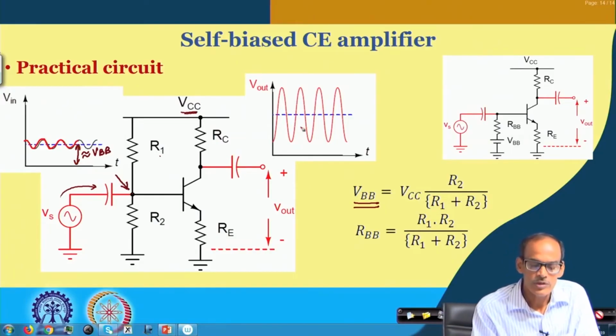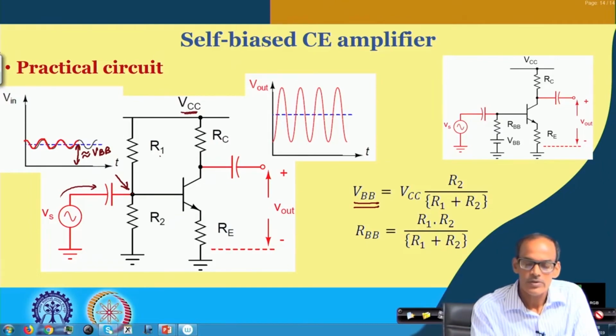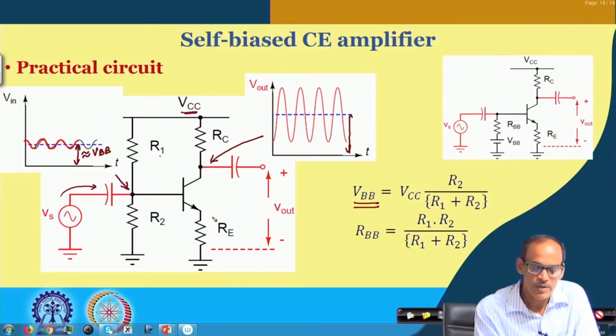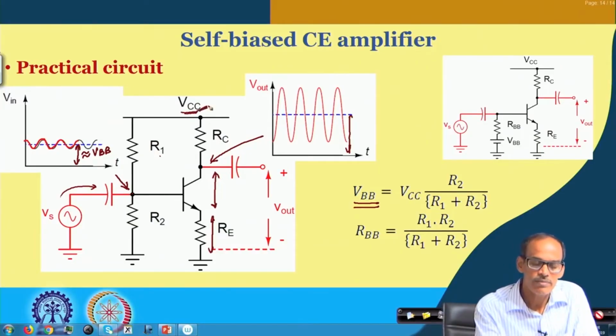Now, at the output, similar to the previous case, it is also having a DC voltage level. This DC voltage level, particularly at this point, is the drop across this RE plus whatever the VCE voltage you do have, or we may say VCC minus the drop across this resistance.